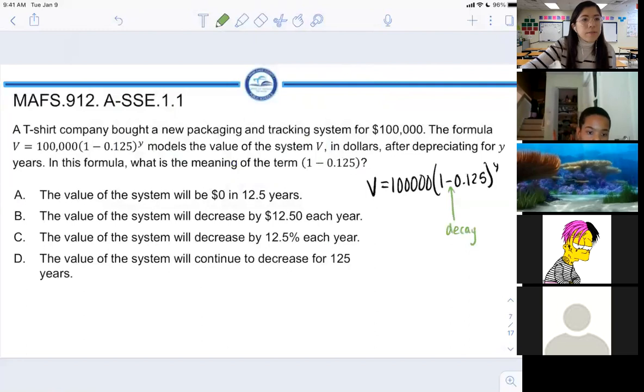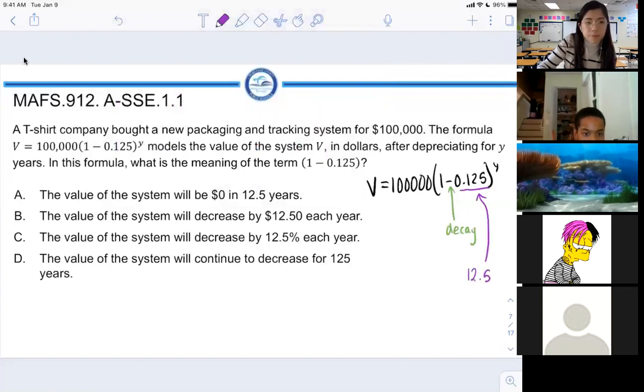Okay, what else do we know? What's that 12.5? 12.5 is my what?